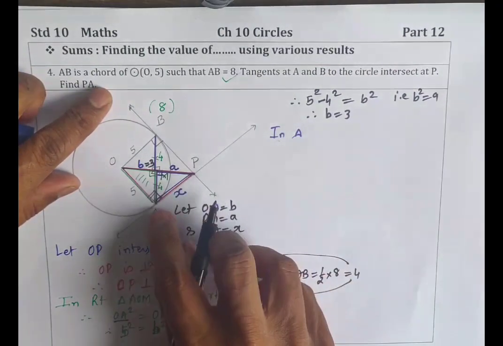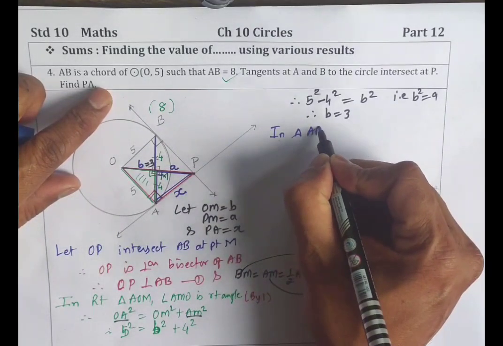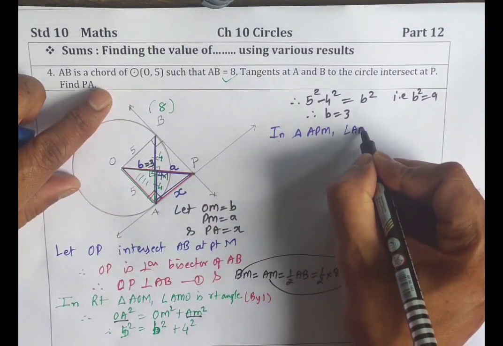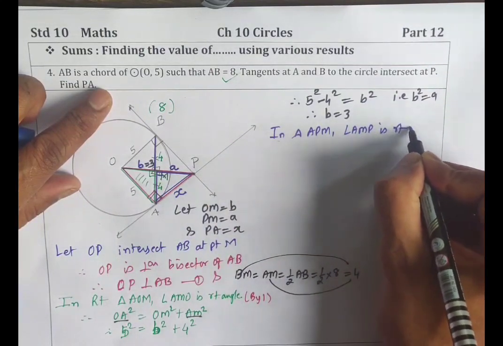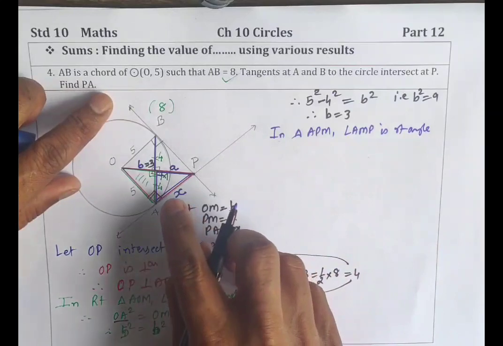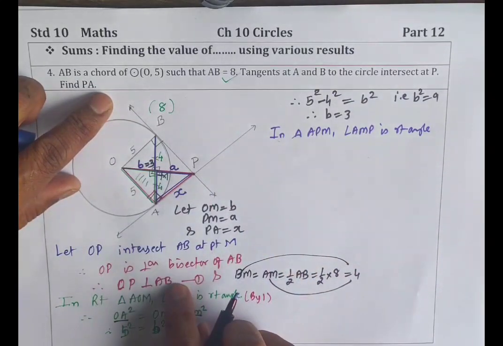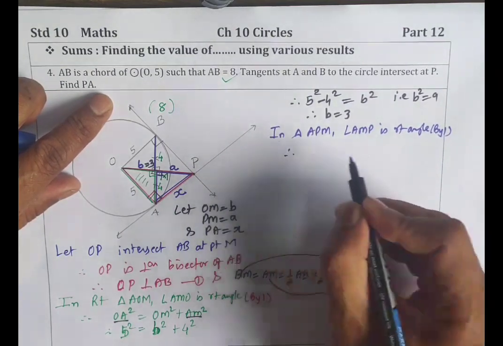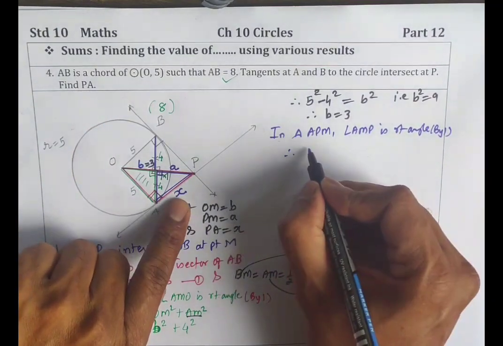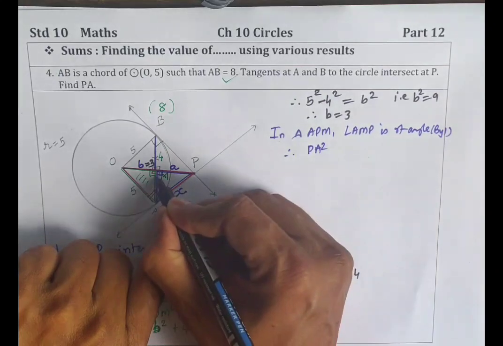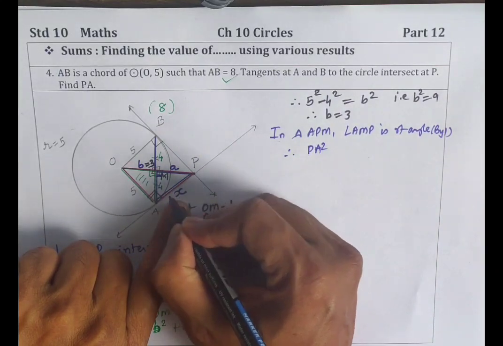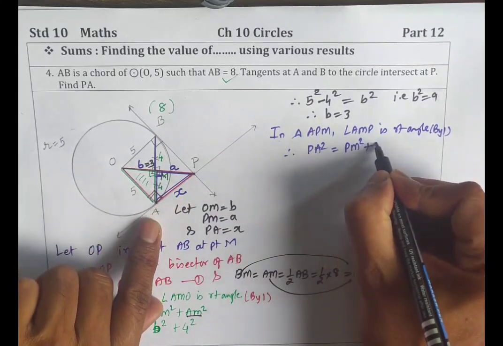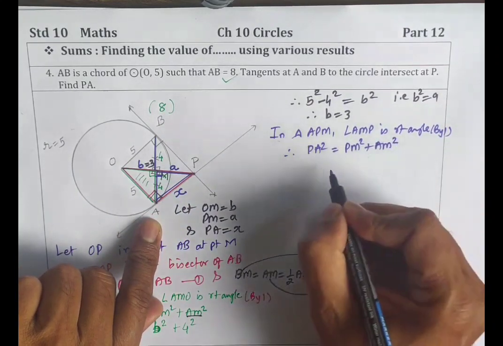In triangle blue, APM, angle AMP is a right angle. How did you find out? By 1, correct? By 1. Alright. Therefore, Pythagoras we use here also. PA square, the side opposite the right angle is hypotenuse, PA square is equal to PM square plus AM square. Correct, children?